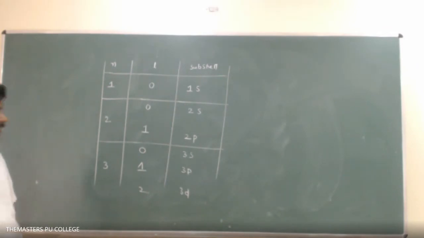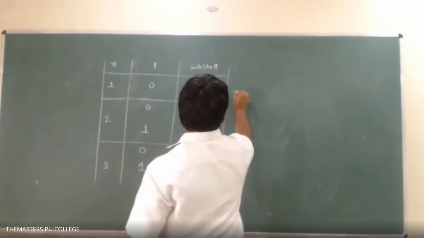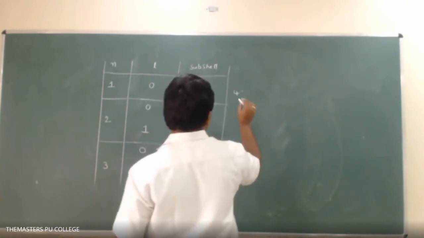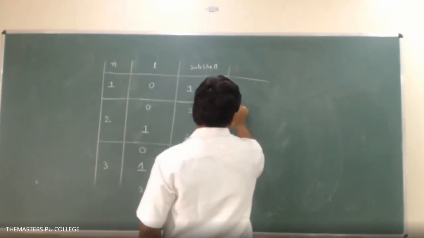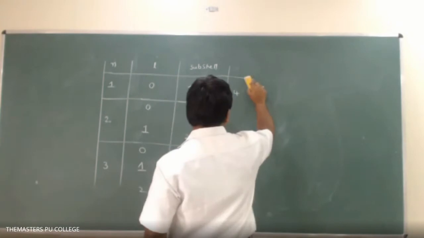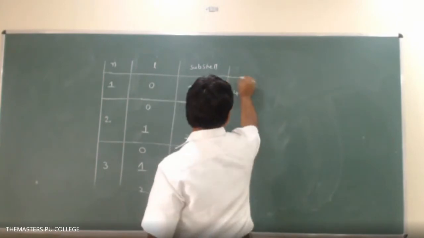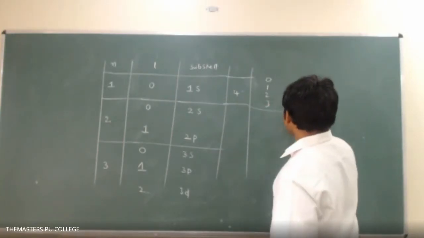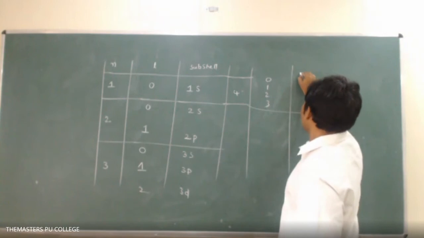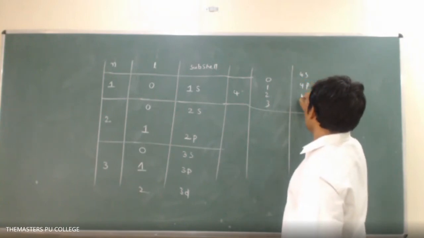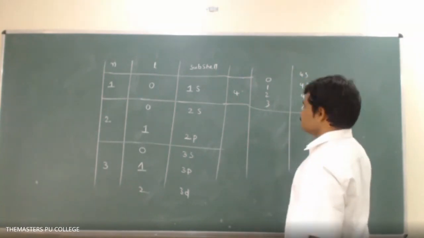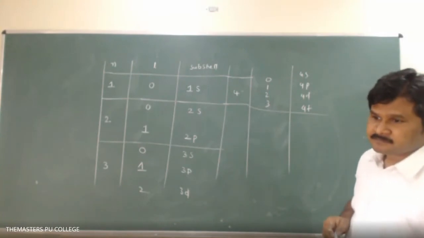Next, the last one, n value 4. How many L values? 0, 1, 2, 3. So 4s, 4p, 4d, 4f.